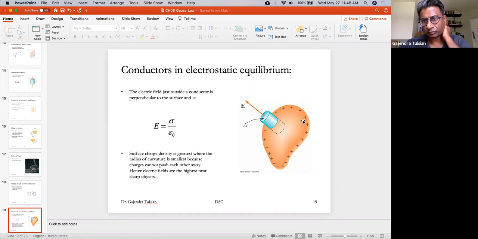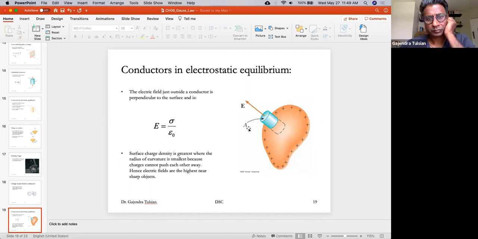On a flattish surface, you can get far away, but around sharp edges, they cannot go too far from each other. So around sharp corners, the density of charge increases, and around smooth regions, the surface charge density is smaller.